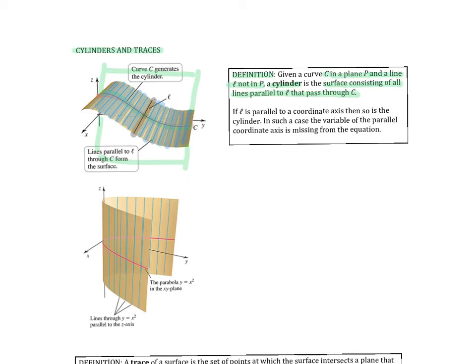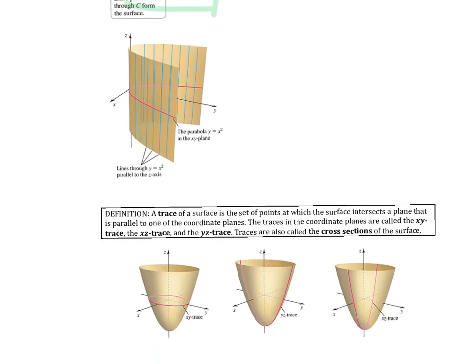If our line L is parallel to a coordinate axis, then so is the cylinder. In such a case, the variable of the parallel coordinate axis is missing from the equation. So let's see what that means in this next diagram.